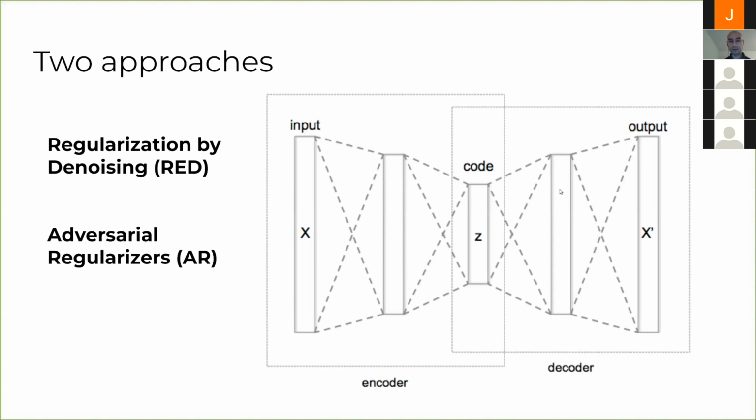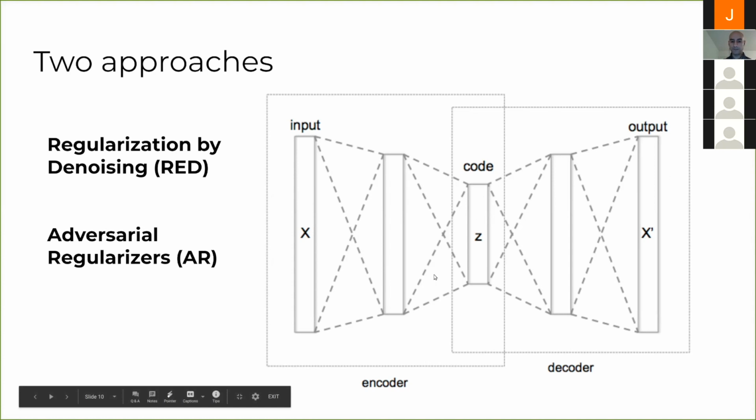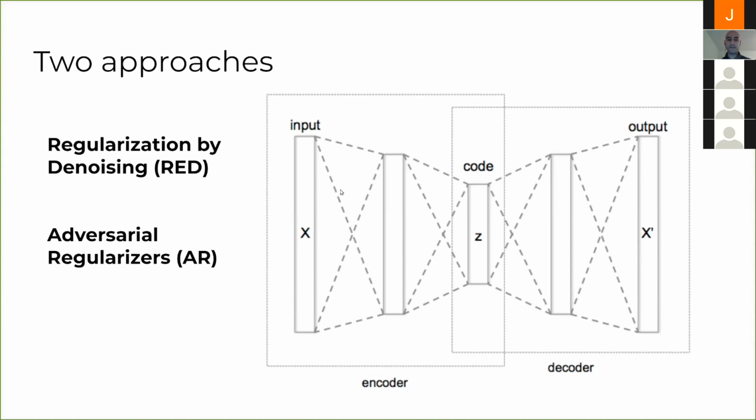Adversarial regularizers, on the other hand, don't have the decoder. They are only made up of the encoder. They are, if you like, the bottom half of a generative adversarial network, where the critic or the discriminator is the network that you use. And then you can use that to generate a gradient on how you should bias your reconstruction to input the prior knowledge from what the network has learned.